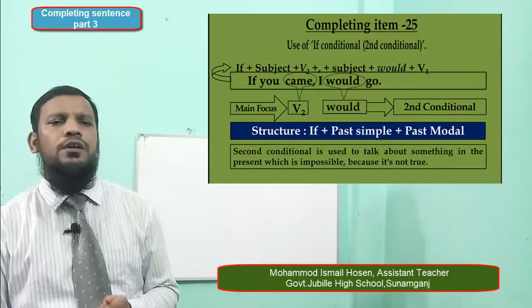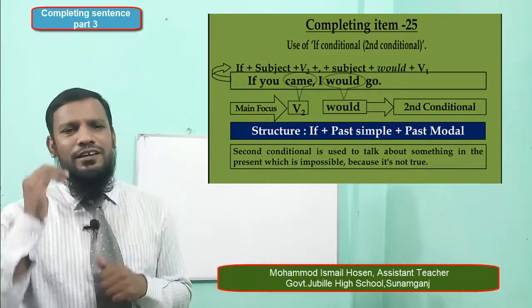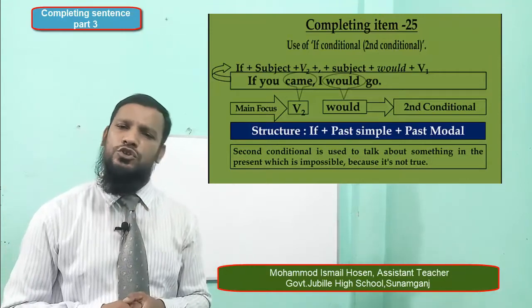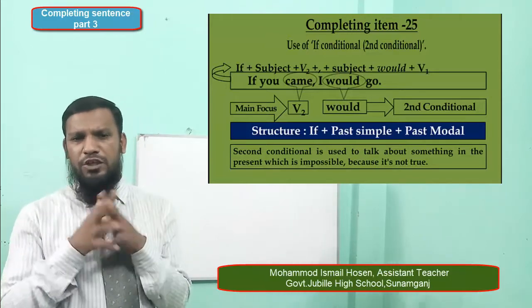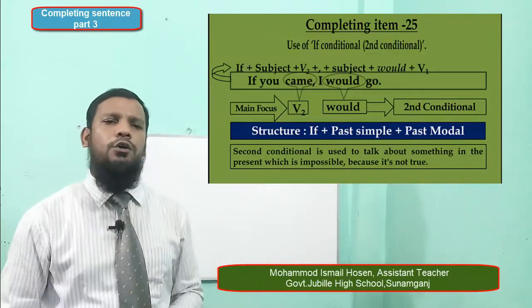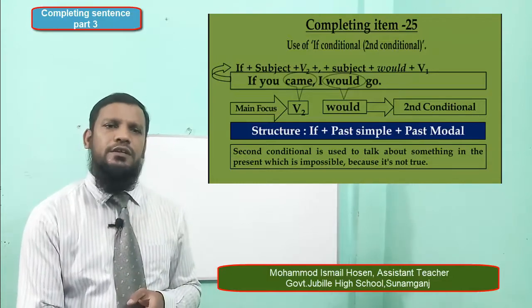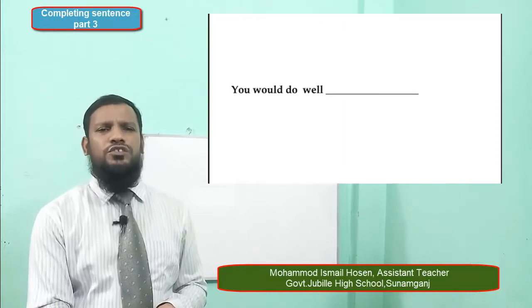Okay. Second conditional is used to talk about something in the present which is impossible because it's not true. Okay, let's see some more examples of it.